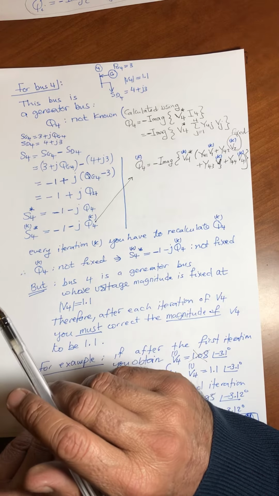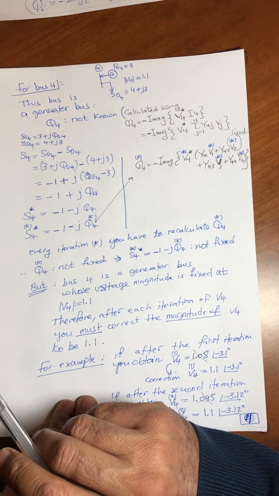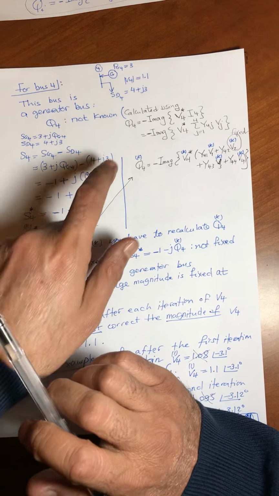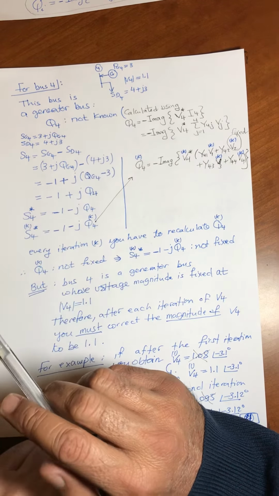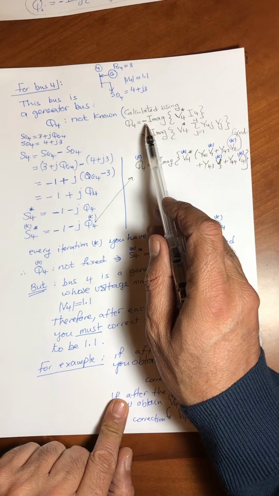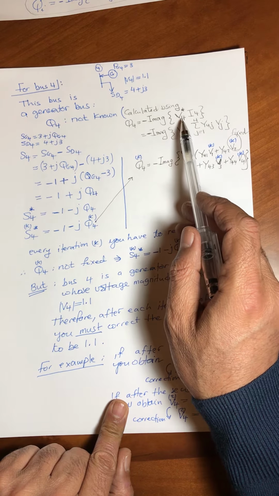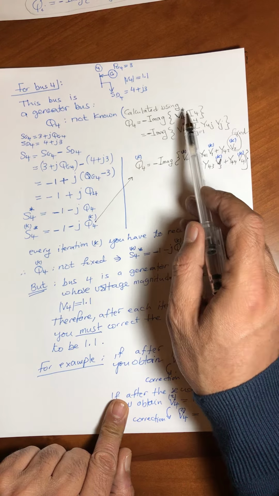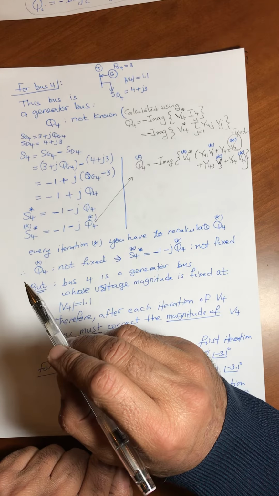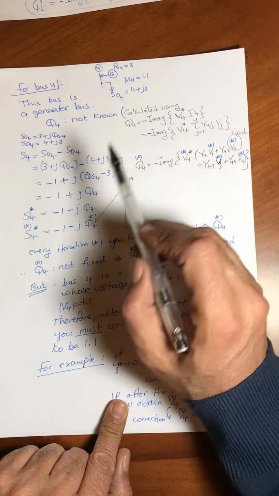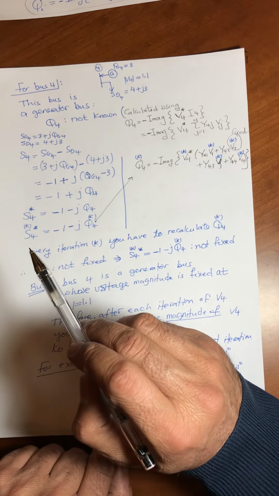So we will notice that Q4 is not known, but we have to calculate Q4 using this relation: minus the imaginary part of V4 conjugate multiplied by I4.